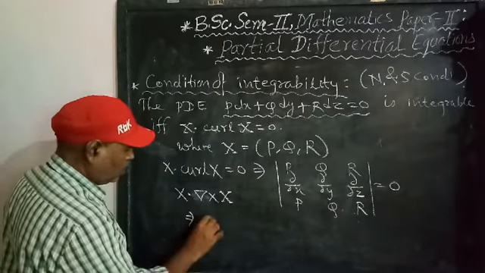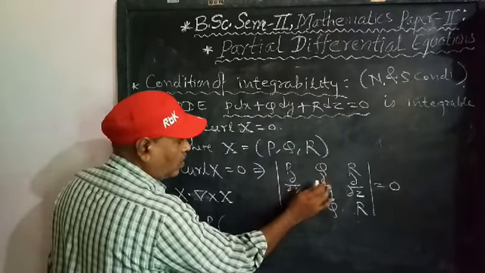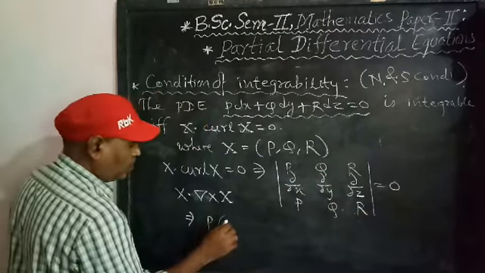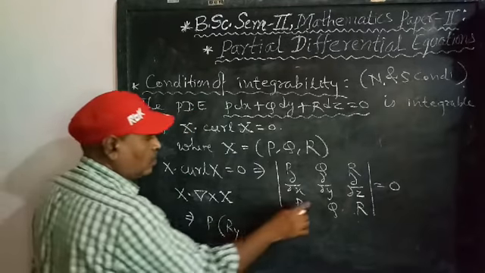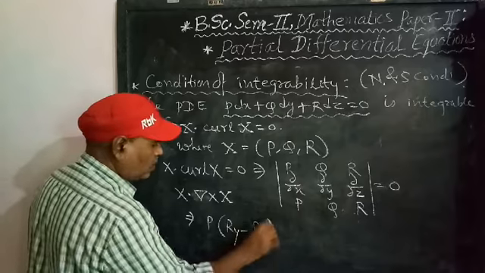Therefore, we have P into, drop this column, del y of R, therefore Ry, minus del z of Q, therefore Qz.